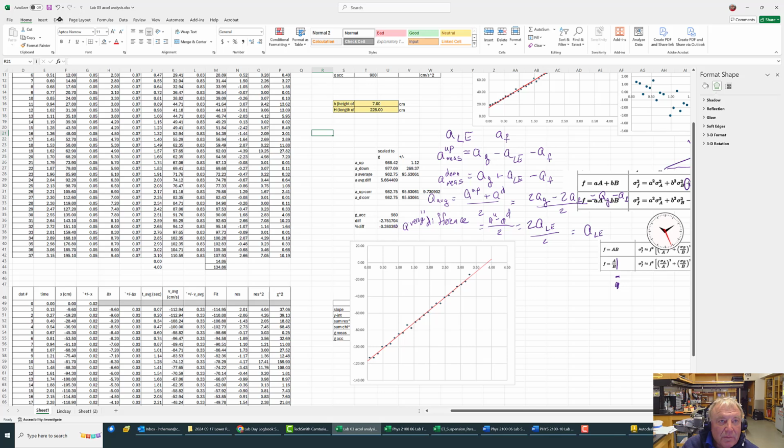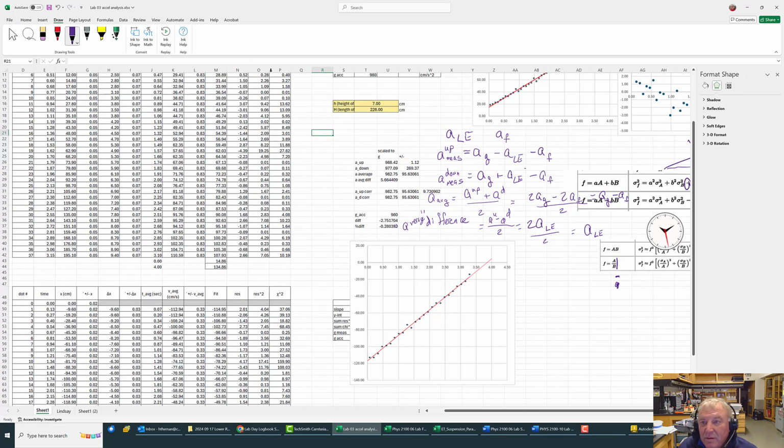Excuse me. So this is plus, and this is minus. So let's make believe that the track is tilted a little too much. So it makes the acceleration larger down the track.